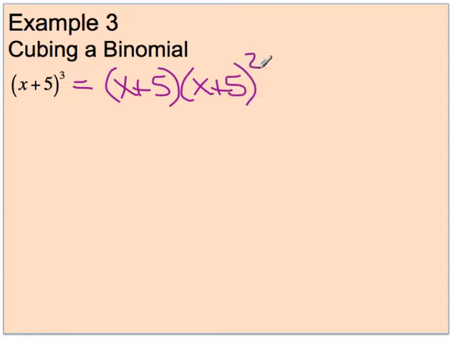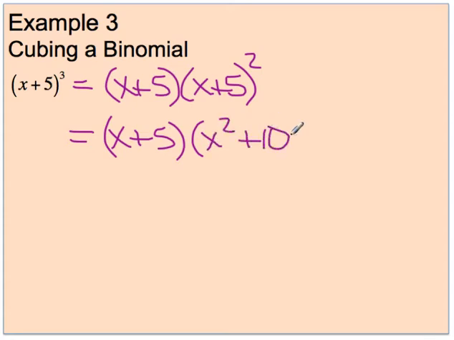And the reason I'm going to do that is because we just showed how to square a binomial. So this ends up being x plus 5, the binomial, times the square of the binomial, which we just found out was x squared plus 10x plus 25. We did that on the previous slide.